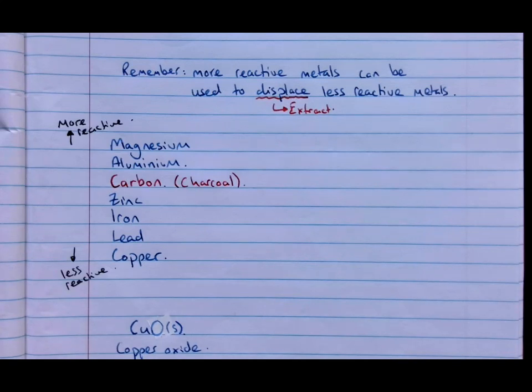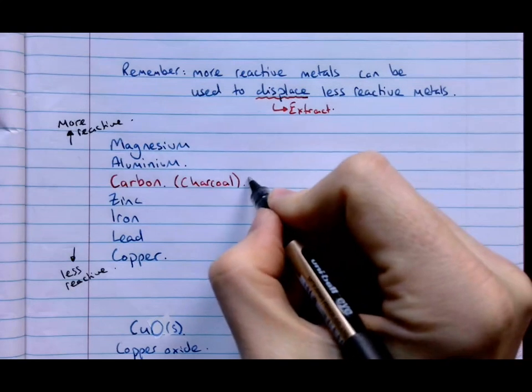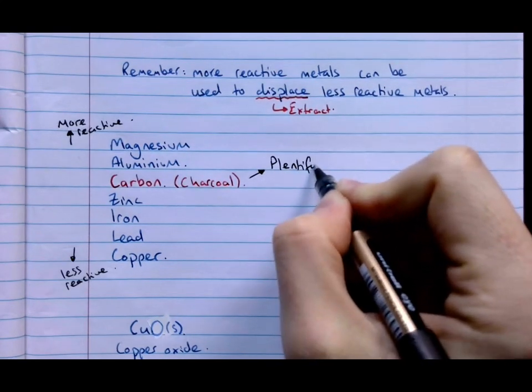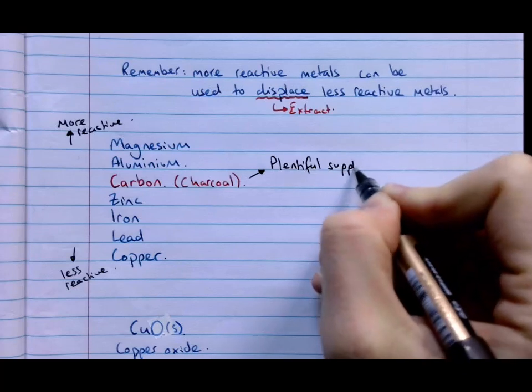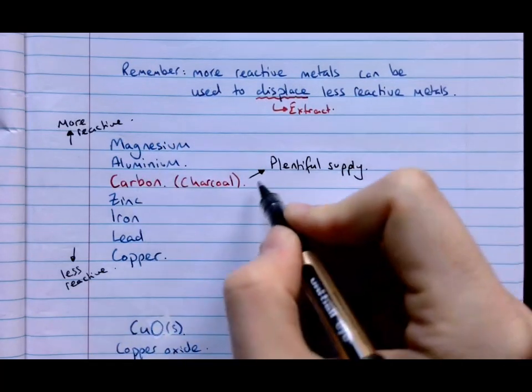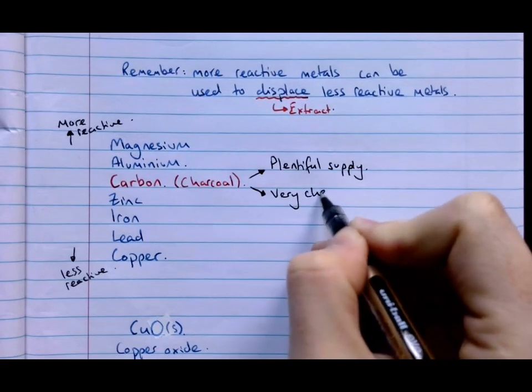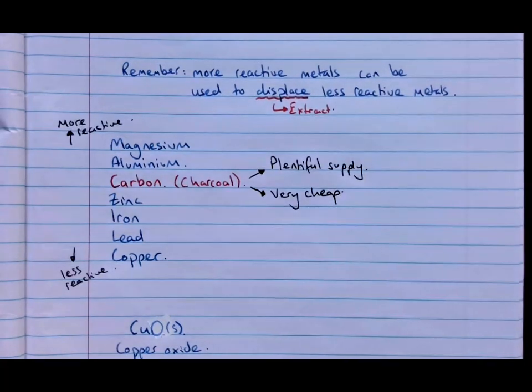It's really, really cheap. Because of those two reasons, we have a plentiful supply compared to these metals, and it is very cheap. It means that we can use carbon to extract metals.